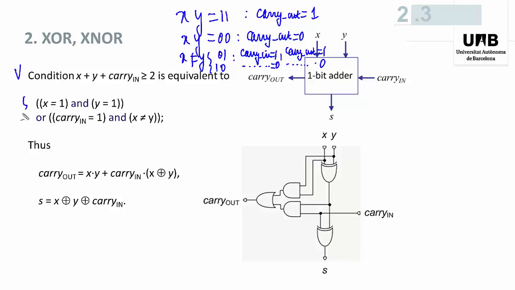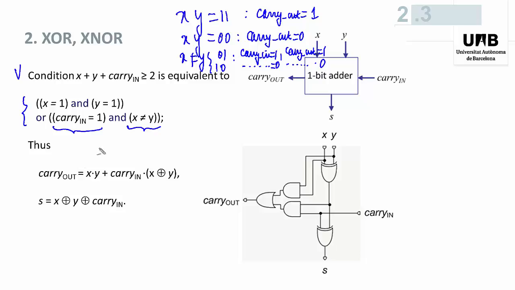So the condition x plus y plus carry in greater than or equal to 2 is equivalent to this condition: x equal to 1 and y equal to 1, or x different from y and carry in equal to 1.